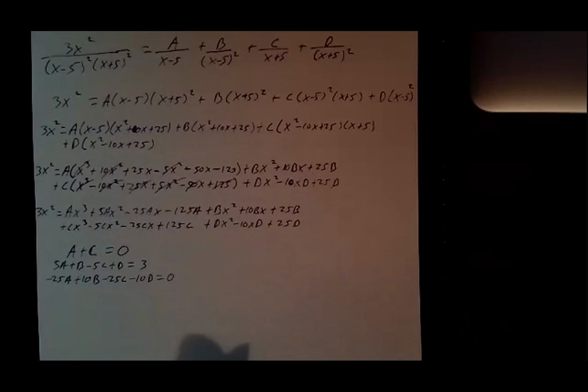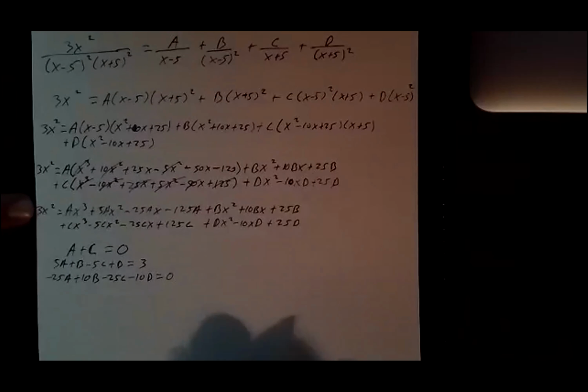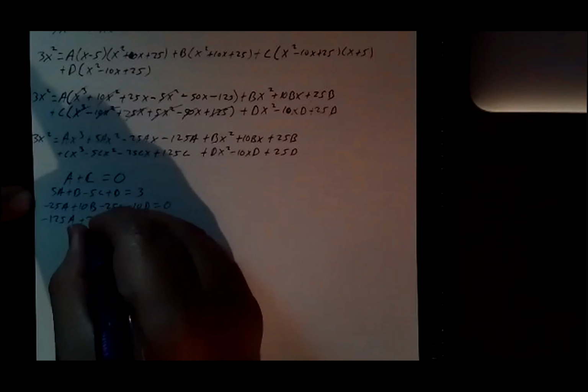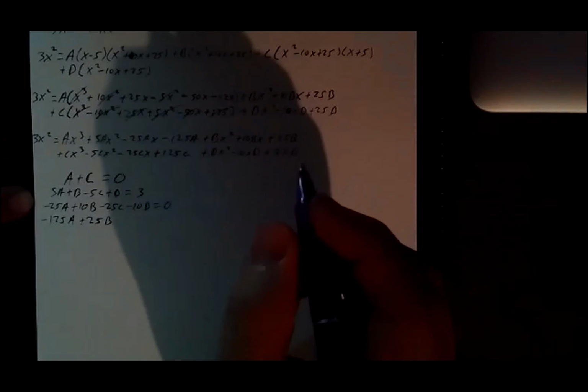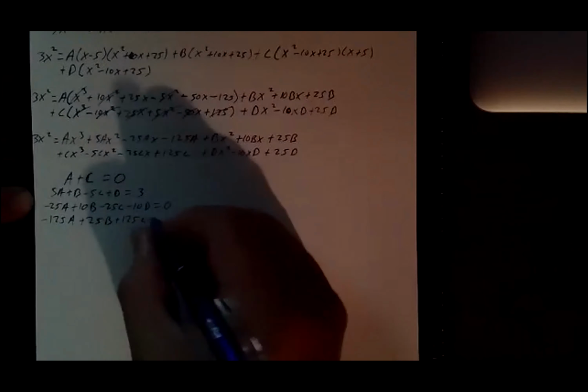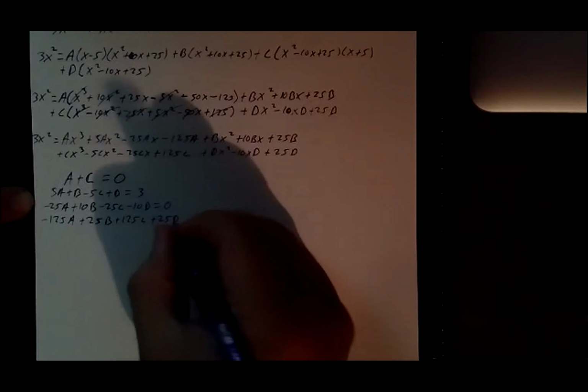There is no x term, right? Okay. Now the constants. We have negative 125A, 25B, plus 125C, plus 25D equal to 0.